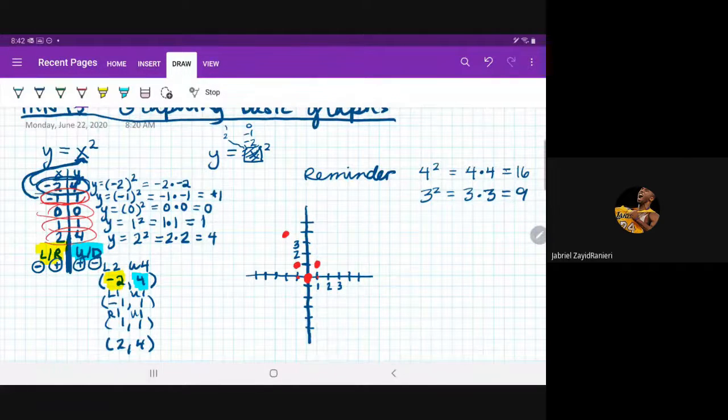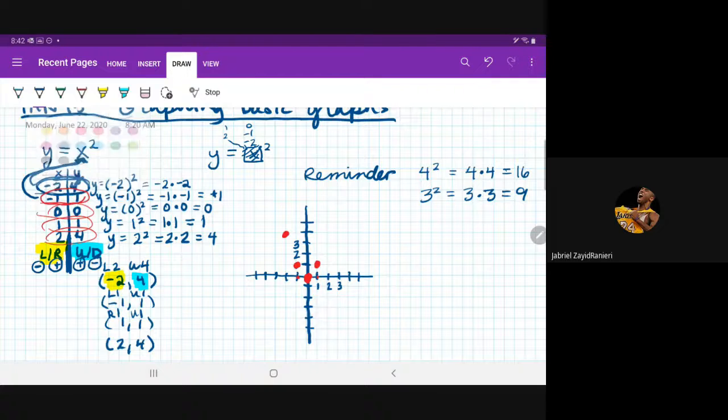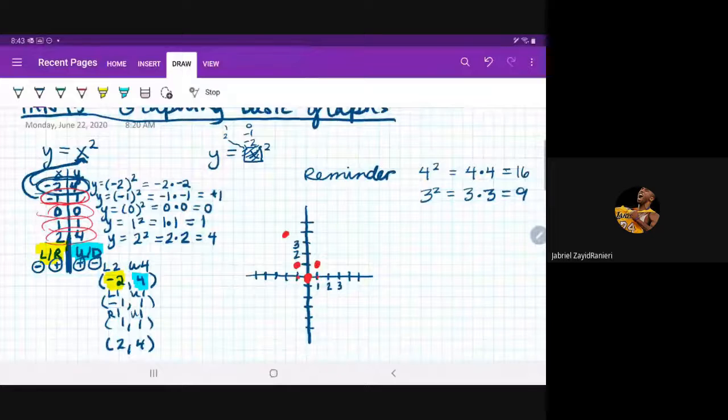And then what about 2, 4? Where would 2, 4 go? And start with right or left first. 2 right. So right 2 and then up 4. Okay, so how you're going to do that is you start at the 0, 0. Let me start with green so you can see it better.